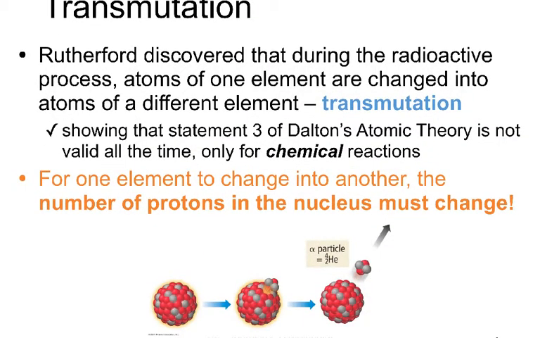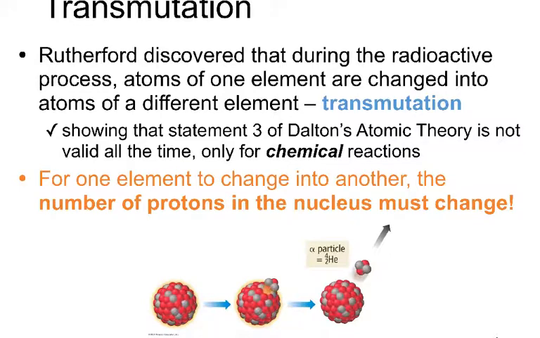In this radioactive process, elements are changed from one element to another element. So if you think way back to Dalton's atomic theory, one of his postulates was that elements don't transmutate. It's true for chemical reactions, but not for nuclear reactions. And remember, what defines an element is the number of protons.